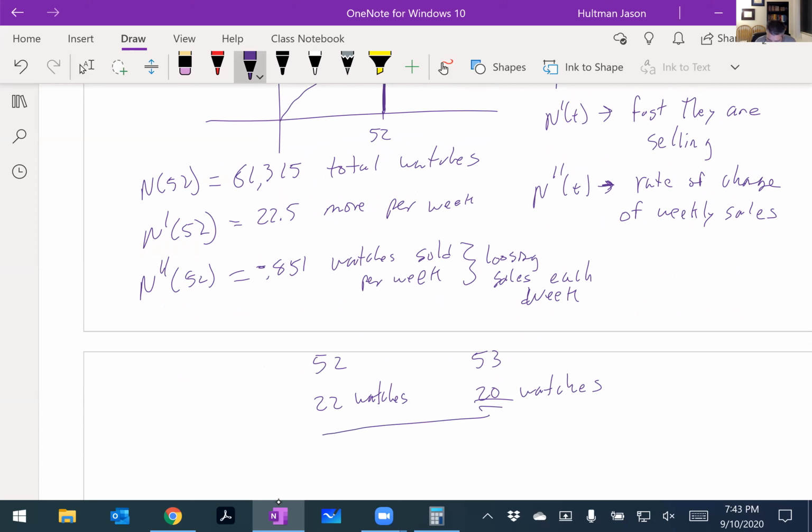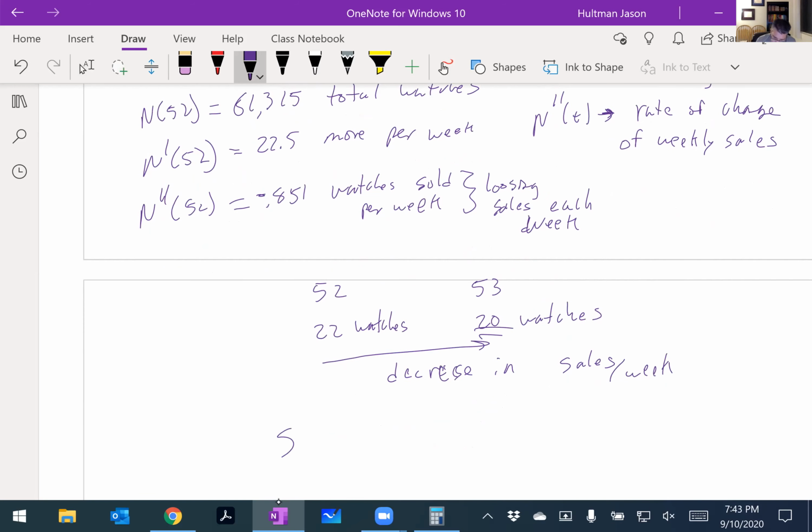So this is a decrease in sales per week, which is the acceleration of sales. It's basically a deceleration. Sales are declining. They're going down, right?